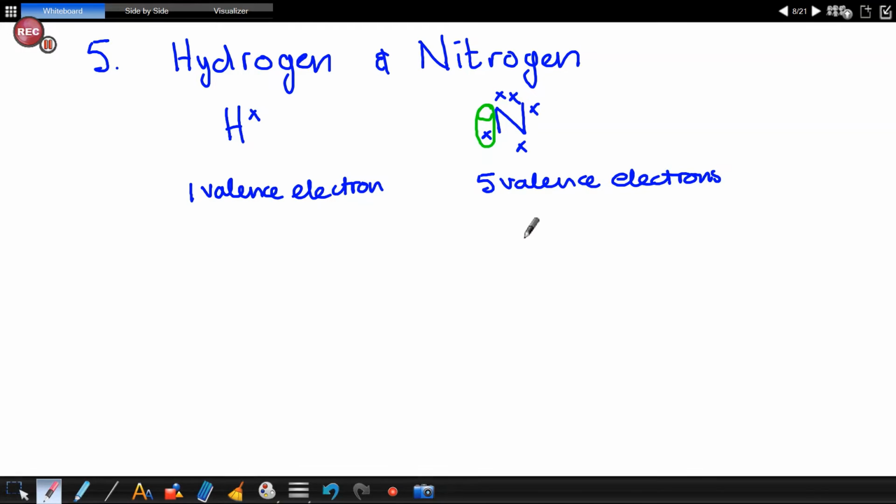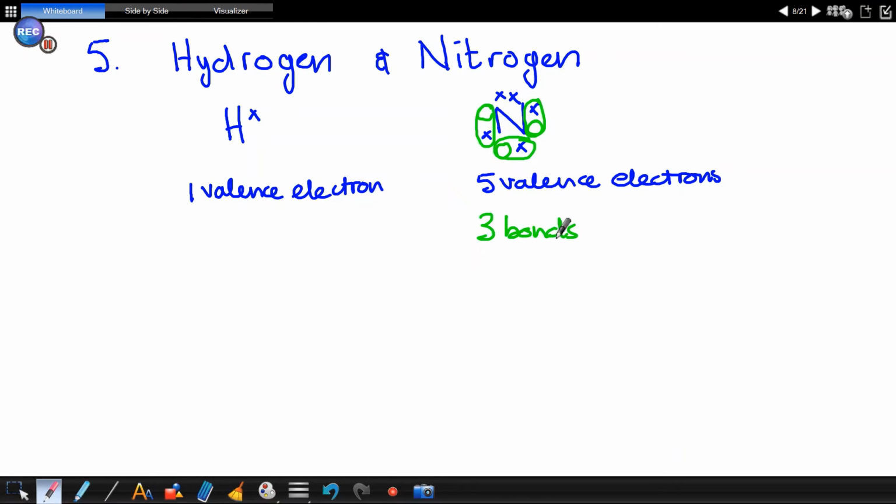That is a bond. And here, there's another one. It can share an electron there. So that's another bond. And here, we have another place where an electron can be shared. So this thing can take 3 bonds.